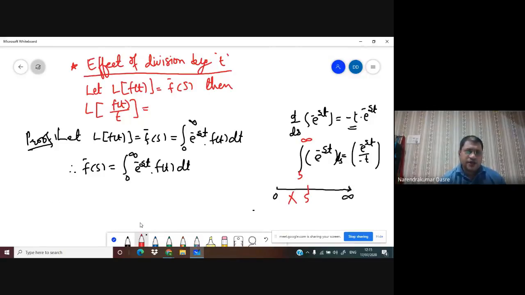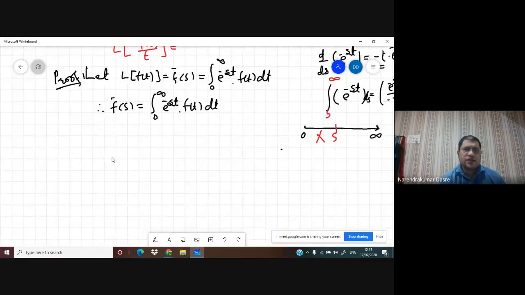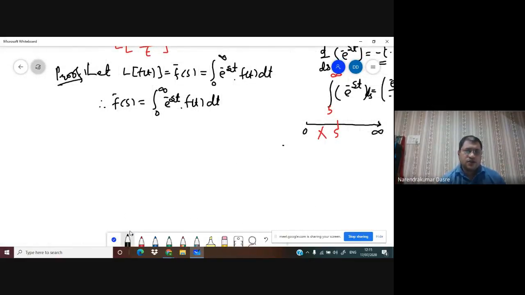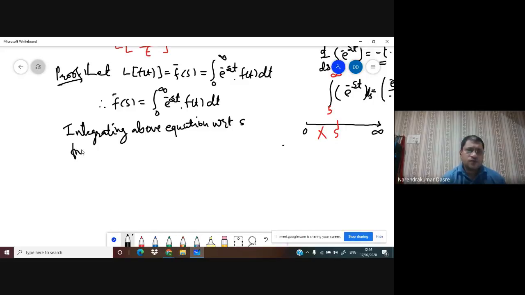So I have to integrate this with the limits s to infinity, and hence right here we write: integrating the above equation with respect to s from s to infinity, we get.